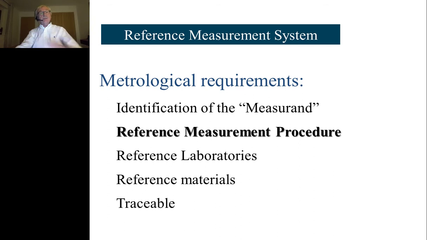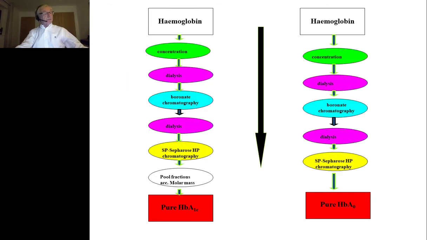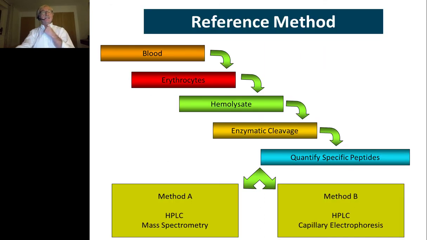A reference measurement procedure. Before you have a reference method, you need to have standards. So the first thing we did was to produce pure hemoglobin A1c and pure hemoglobin A0. These are produced in very, very small milligram amounts, but are used to standardize the reference method.